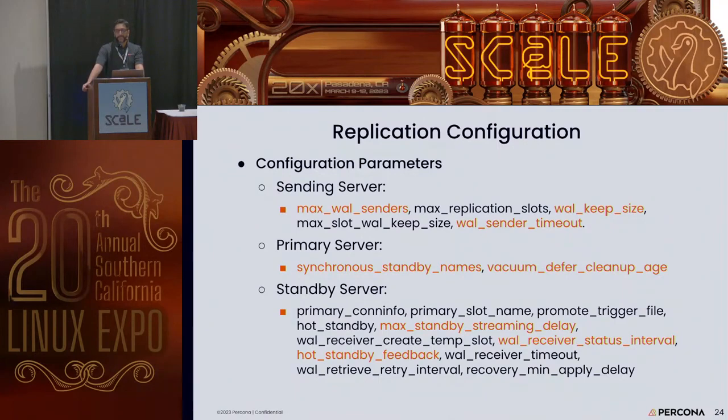WAL receiver status interval is the interval after which the standby would report its updates, in terms of LSNs, the replays of those LSNs, to the primary server. Hot standby feedback is basically the insights into the queries that are being run on the standby server, and that would cause the primary server to hold back cleanup of that data, and that could lead to database bloat in general.